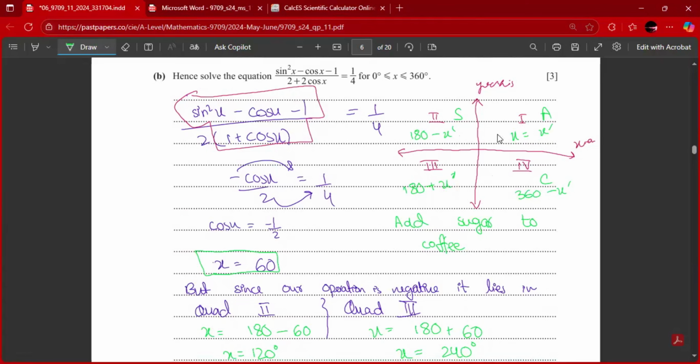Why? Moving from this quadrant to this quadrant, this line is already 180. If I'm moving below, it should be adding. If I'm moving up, it should be subtracting. Simple, simple. But in this quadrant, we are moving from 360.